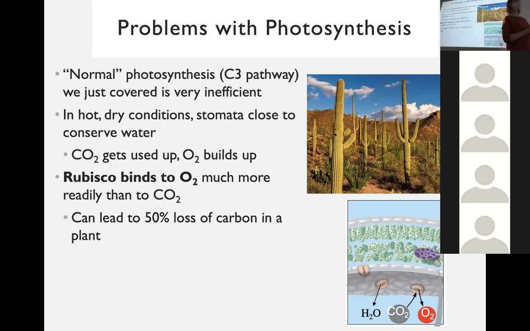Okay, I have a question. Mhm. What does the stomata do? What is the importance of it? What's the purpose of it? The stomata are like little pores. They open up and they let CO2 in. So here, I'll show you on here.